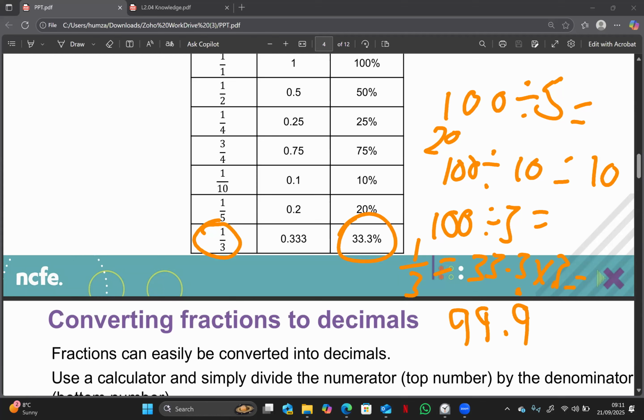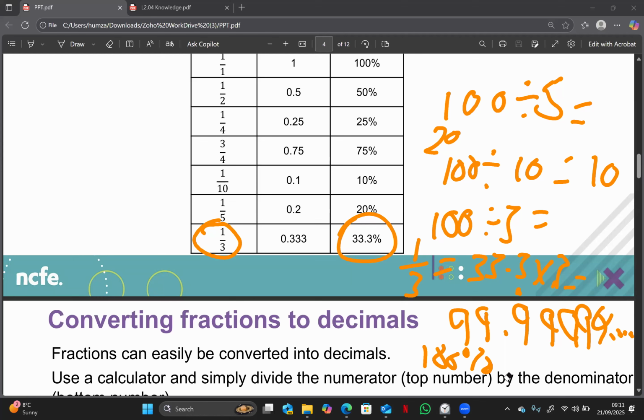That means it's 99999 forever, it continues with nines. But because we want a definitive answer, we round it up. And if you round it up, it goes to 100%, right? Yes. So that's what I'm trying to explain, that it doesn't actually go into 100, and that's the only exception we take. Is that okay? Okay. Yeah, I see now.